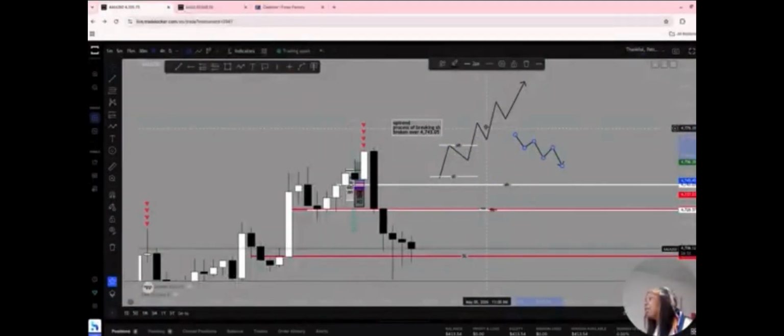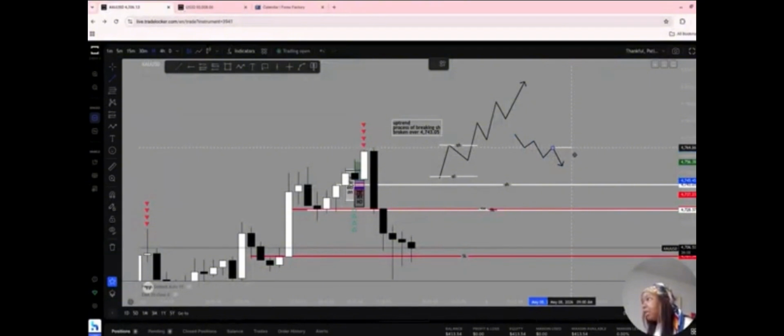So now that we have our indication, we're going to wait for price to correct. When price begins to correct, that's when you switch to a lower time frame, and that is what I did. I'm going to show y'all that in a second. Once it corrects, you're going to wait for a continuation on the lower time frame. You're going to wait for price to break the swing high on the lower time frame.